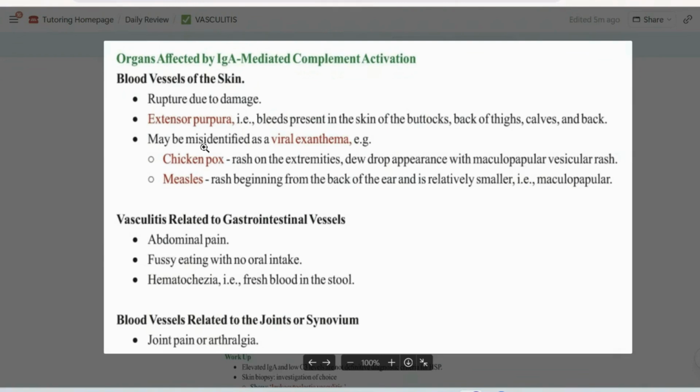So always remember, even though it's palpable purpura, there's no macular or vesicular rash in HSP, okay? Measles rash starts from behind the ear and it's relatively small and it goes downwards, right? So even this is considered maculopapular, but the spread of the rash is different, okay? Vasculitis related to GI vessels, and you see the GI symptoms as well as the joints in the synovium.